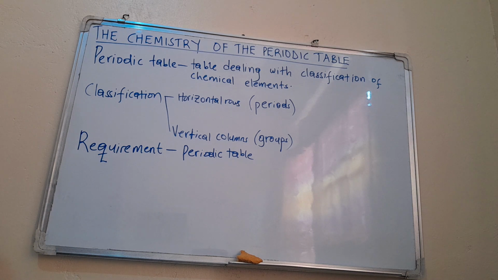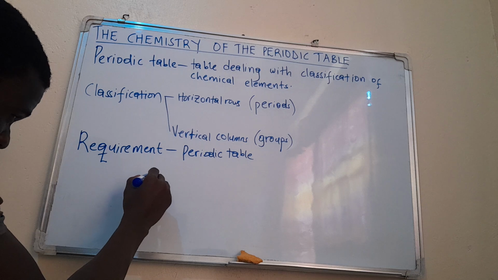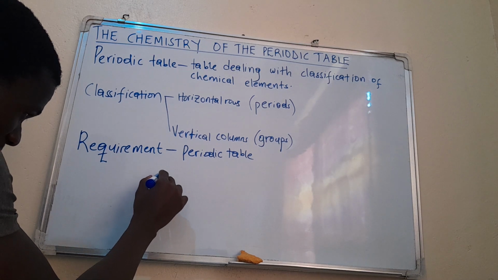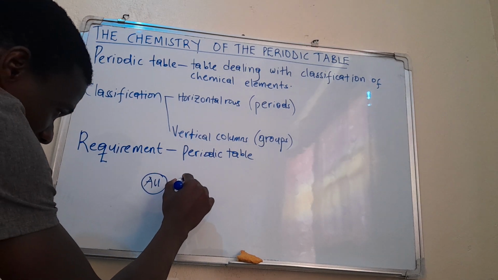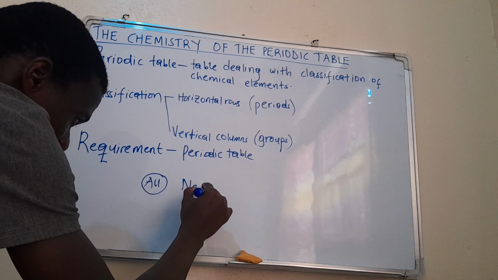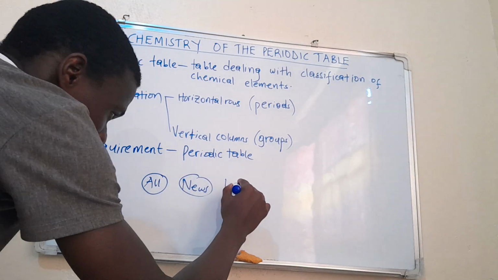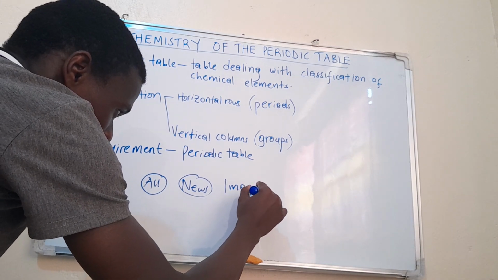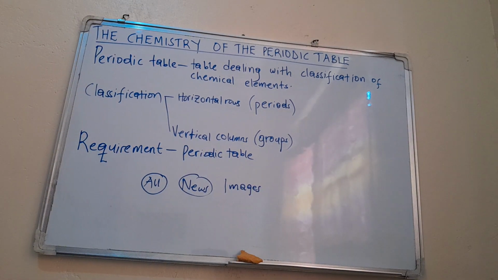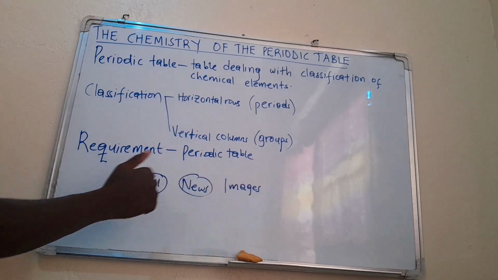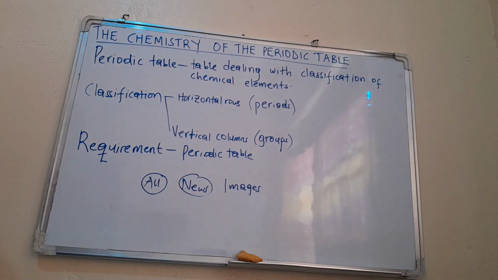At the top there, after putting in your search, they bring all, then they also bring news, then they also bring images, at the top of the screen of your phone. So where you see images, press there. You see the images of the periodic table.